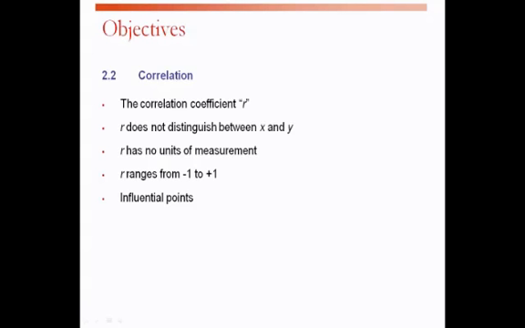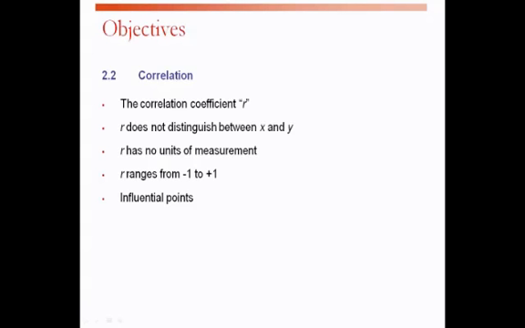Specifically, linear correlation. The strength of linear relationship between two variables. And the value varies from -1 to +1. When the value is -1, that means one variable explains the other variable perfectly, but the slope is negative. That means larger values of one variable lead to smaller values of the other variable.